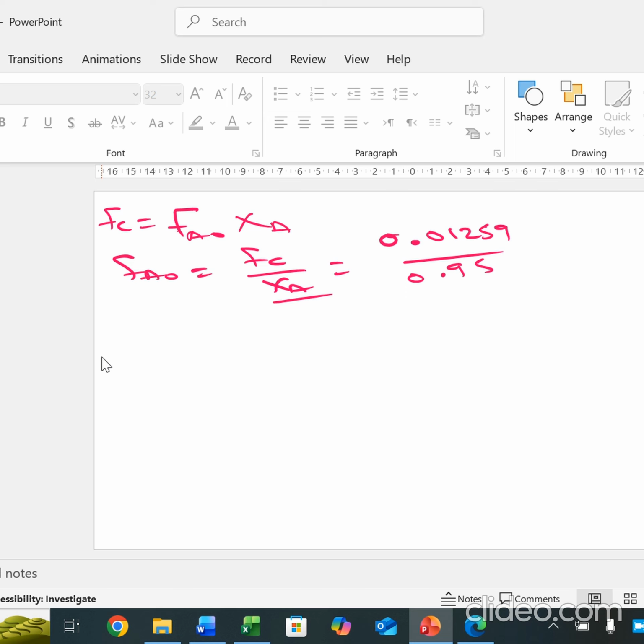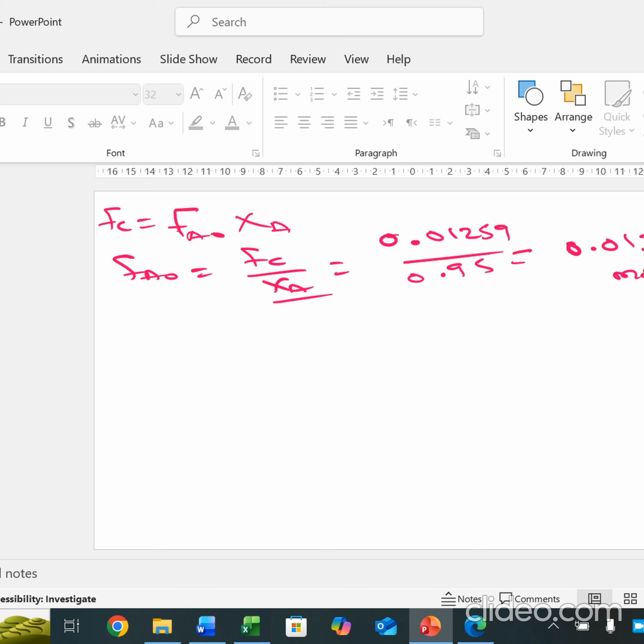We have now gotten our Fc, the molar flow for paracetamol in mole per minute, and we can now get our molar flow for the reactant p-aminophenol, which is evaluated to be 0.01325 mole per minute.